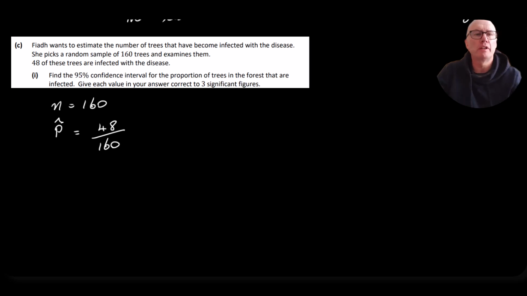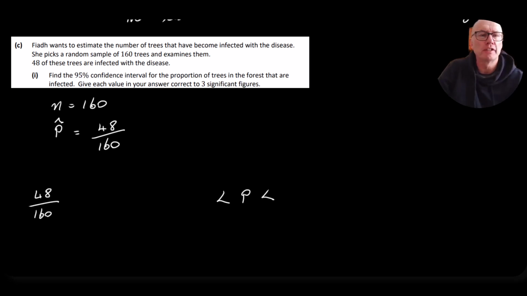So we want a confidence interval for the proportion. That means the actual population proportion is going to be between our p hat, which is 48 over 160, minus our margin of error, and 48 over 160 plus our margin of error.